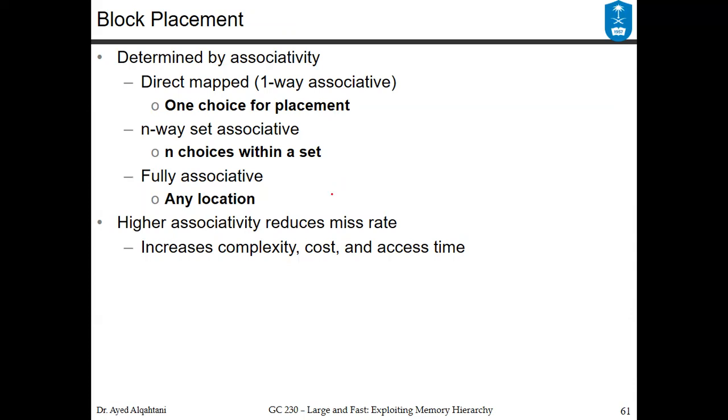The higher associativity actually reduces the miss rate, as we found, but this is not for free. This increases the complexity, the cost, and the access time a little bit, because you will probably need multiplexers. You need to look for the blocks or search for them in many locations.